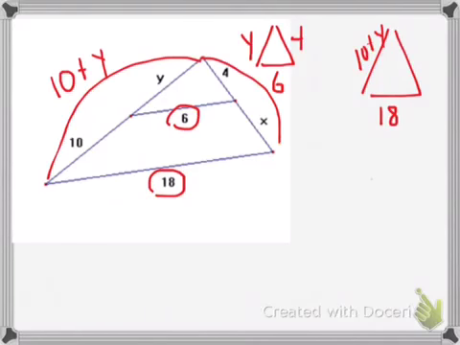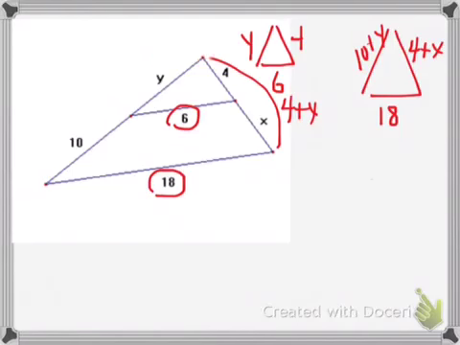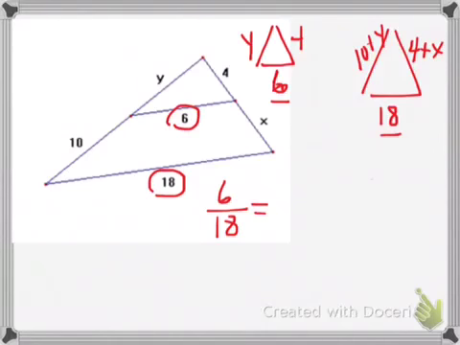And this side over here is 4 plus X. So I would put 4 plus X over here. So if I want to solve it using proportions, I'm going to set it up 6 over 18 equals, start here, 4 over 4 plus X.